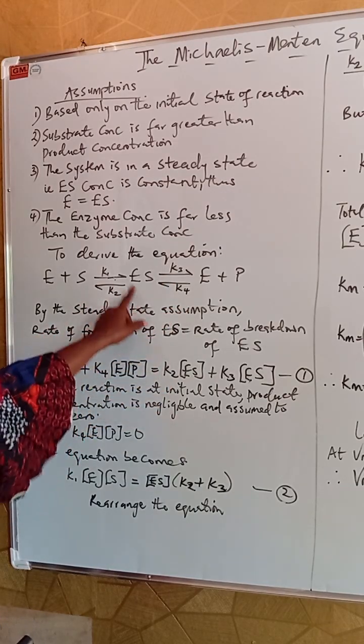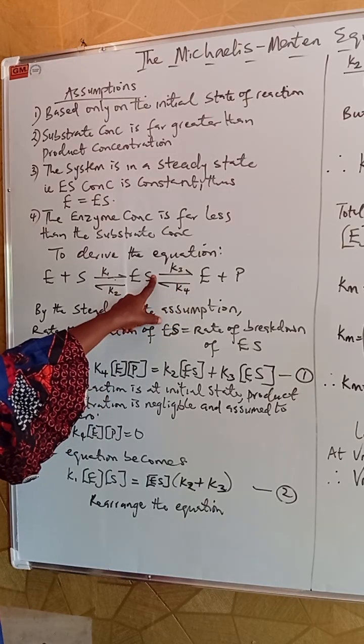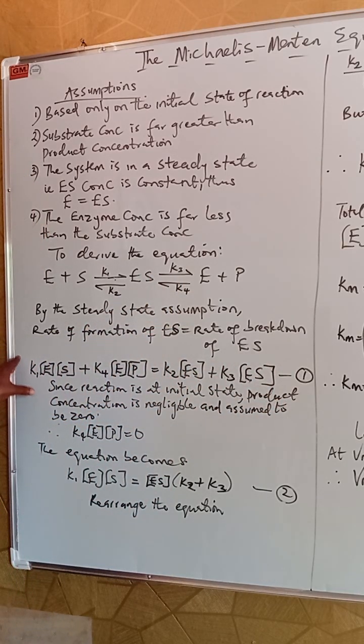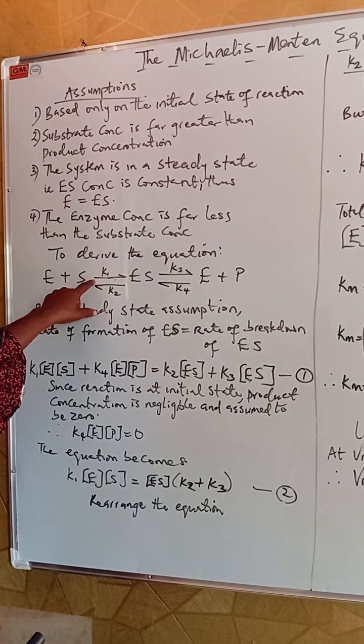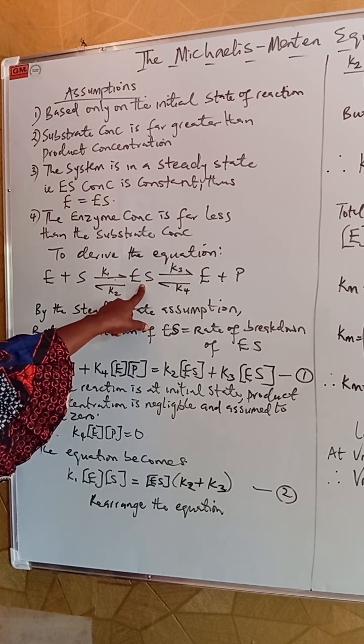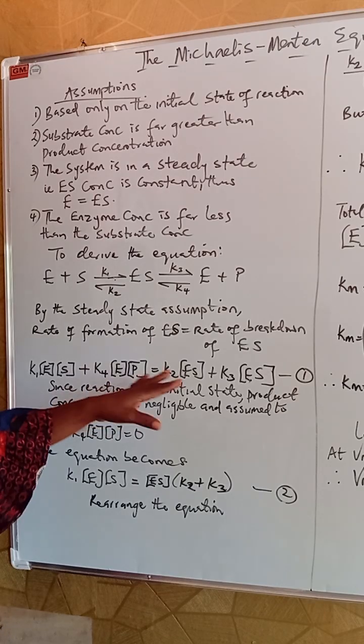So we see it here, K2 ES, K3 ES. So this is for breakdown and this is for formation. You're going to write the equation based on where the arrows are coming from. K1 will be E S, K3 will be just this, K2 you write it with this, K4 you write it with this. So we have this equation.